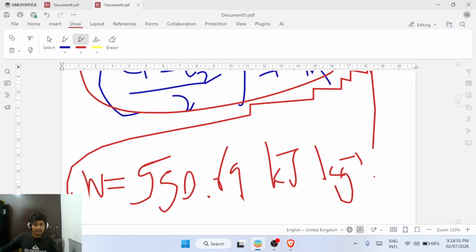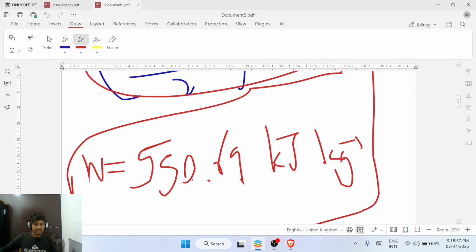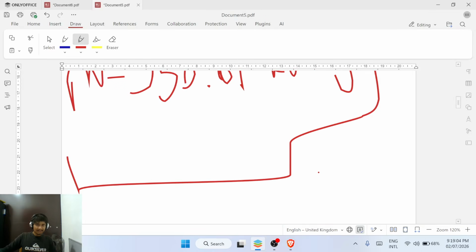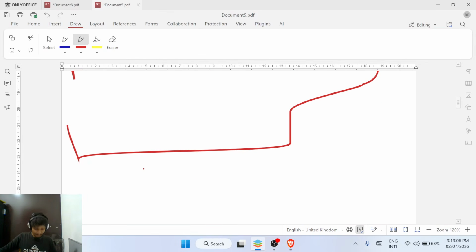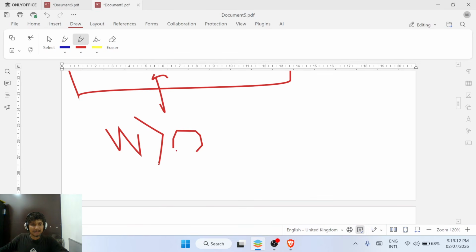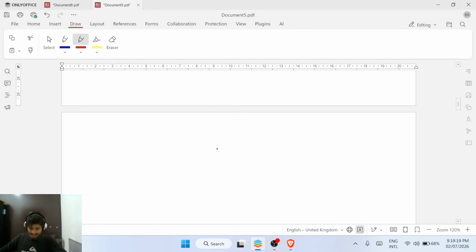W is equal to 550.69 kilojoule per kilogram. This is plus. W is plus, or greater than 0. Therefore, work is done. We already discussed that.